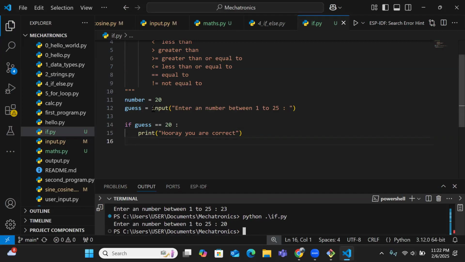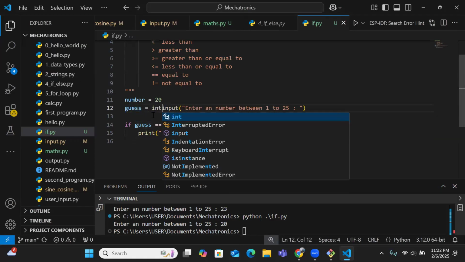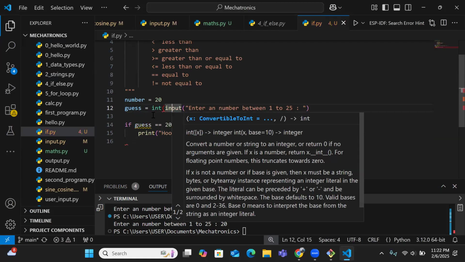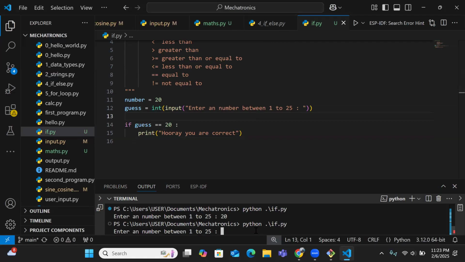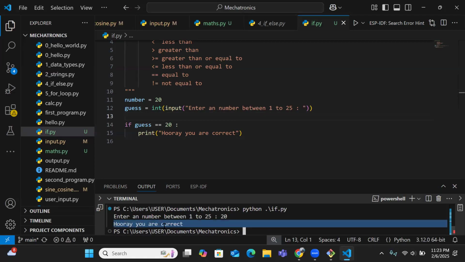Can you remember, when we were doing the calculator, whatever number we are guessing here is coming as a string. So to convert it into an integer, you say int and then you put it like that. So if you do 20, then it tells you, hooray, you are correct.